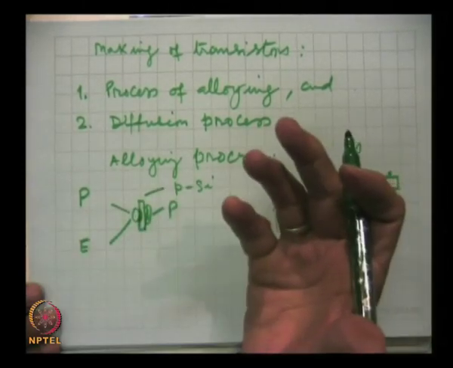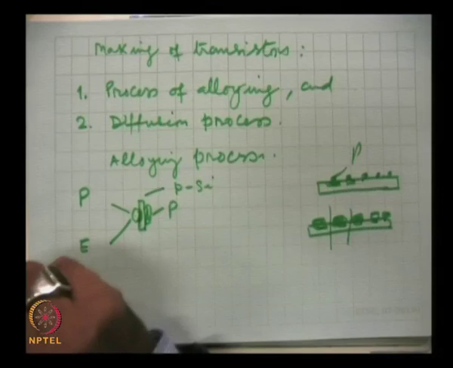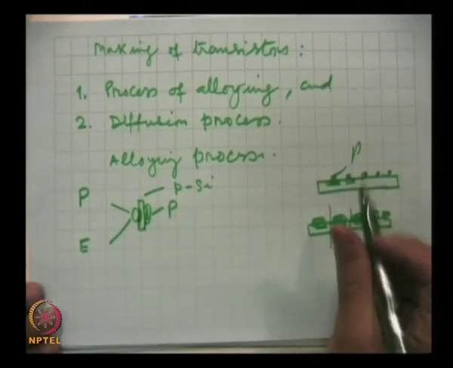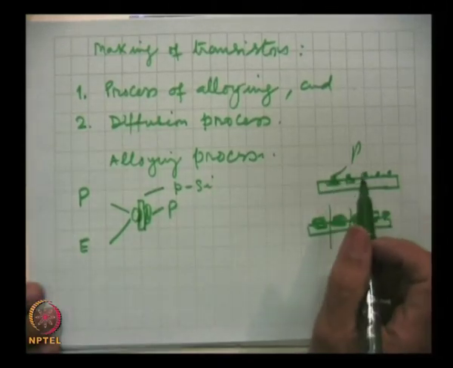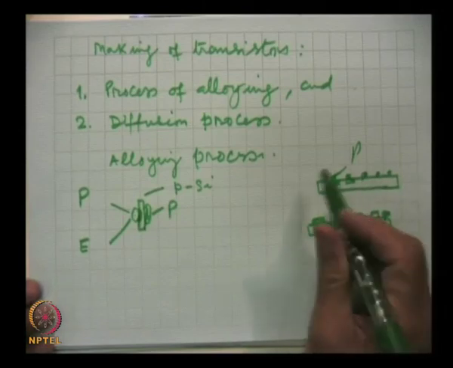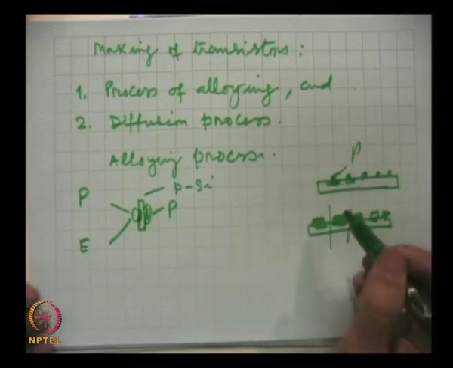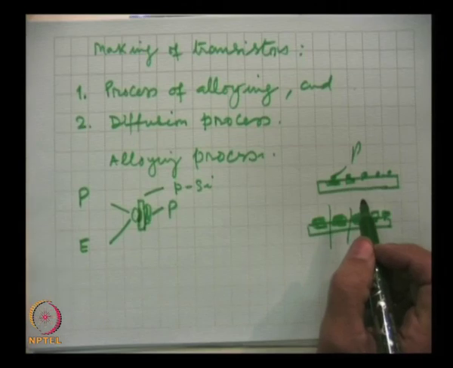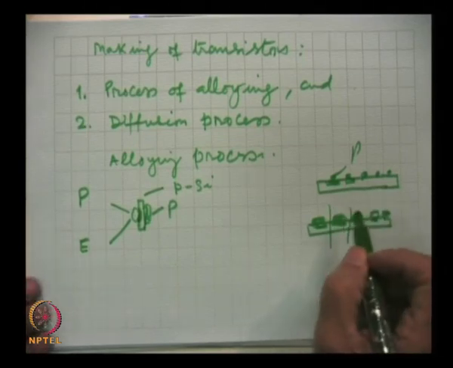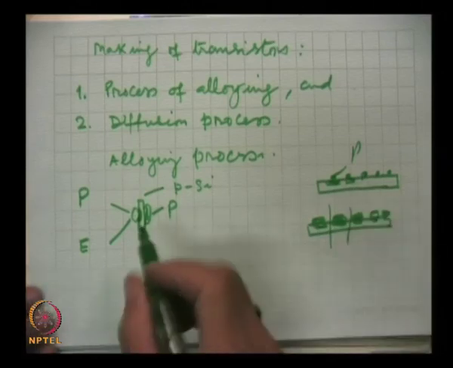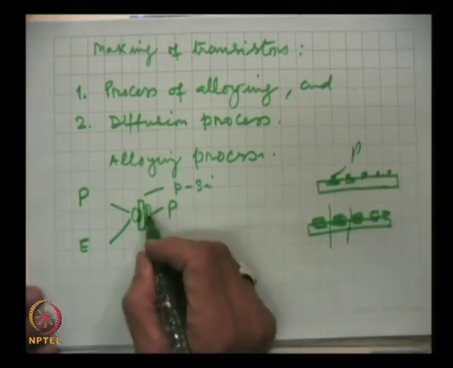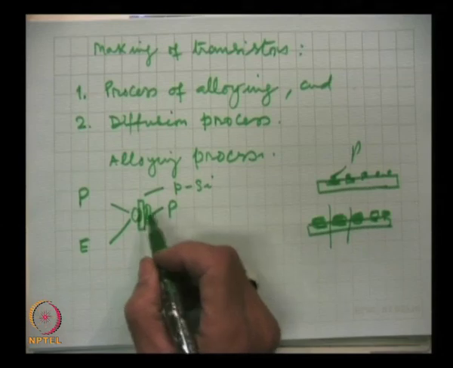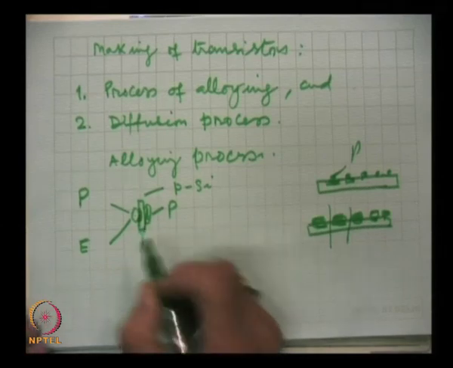So, from a 2-inch diameter wafer of silicon, after these 2 treatments of the alloying process, we can get say 100 or a few hundred very small transistors, and then we will make the ohmic contacts. This will be the base.